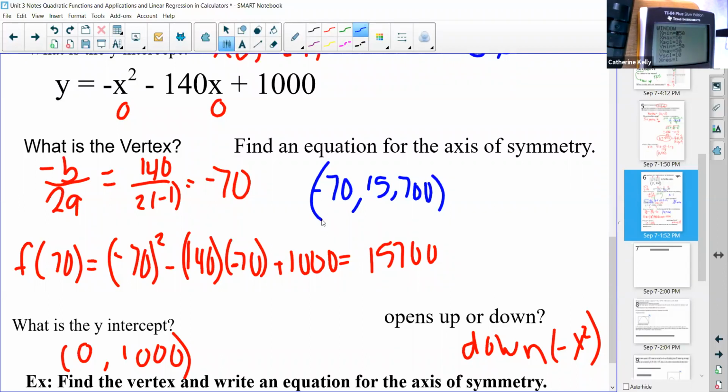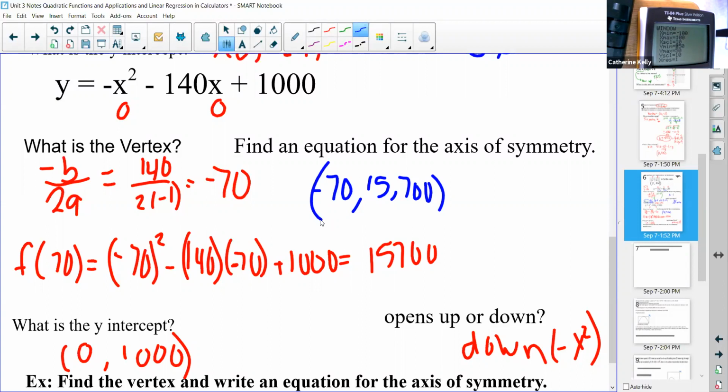But I'm going to do my window because it's such a high number. I'm going to go to 20,000. So on my X, because it's negative 70, I'm going to go from negative 100 to 100 by tens.